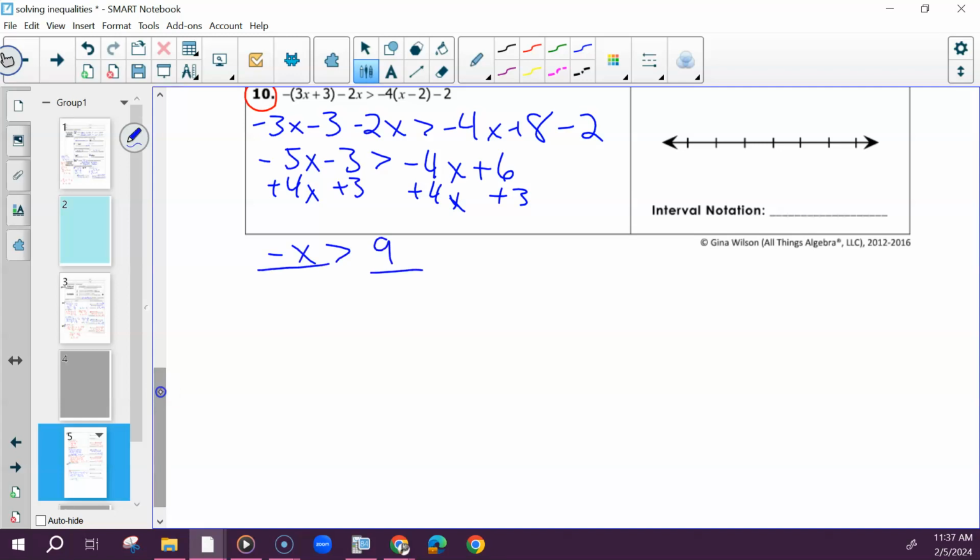Divide both sides by what value? Negative 1. Is the sign going to change? Yes, because we're dividing by a negative. And then go ahead and graph that.